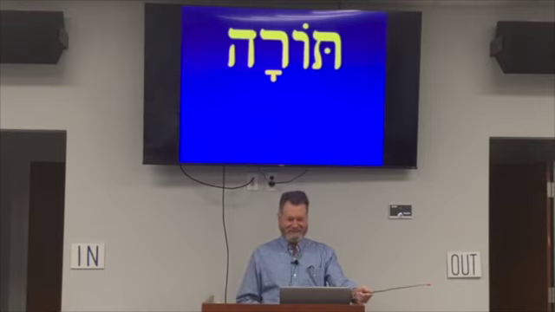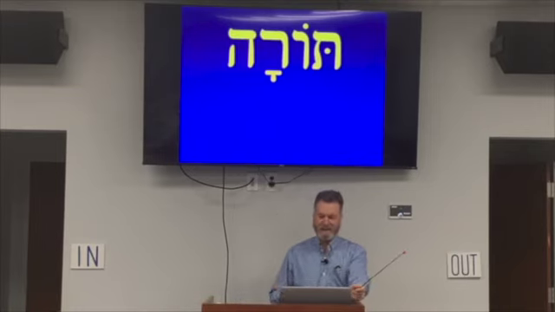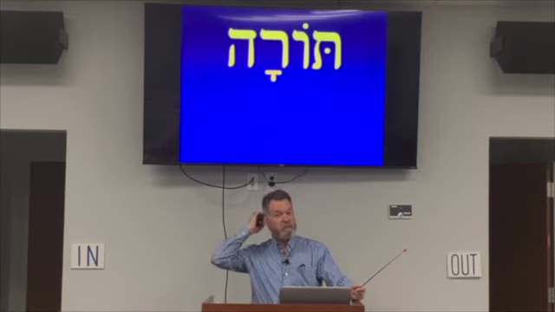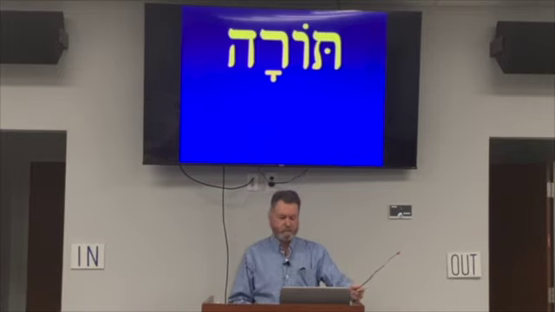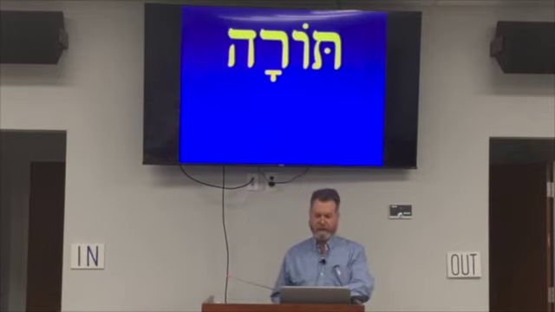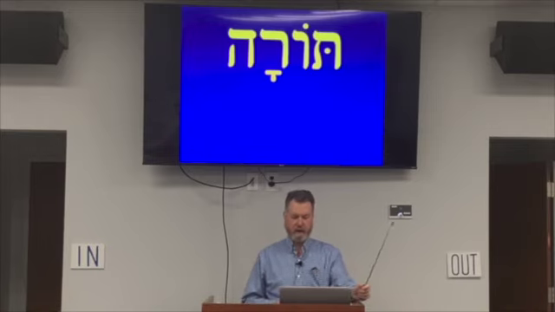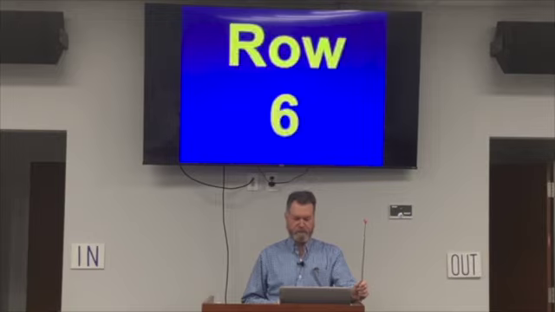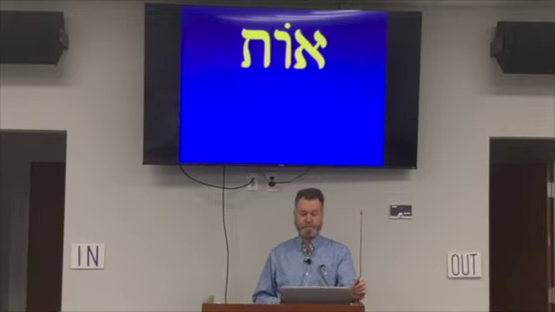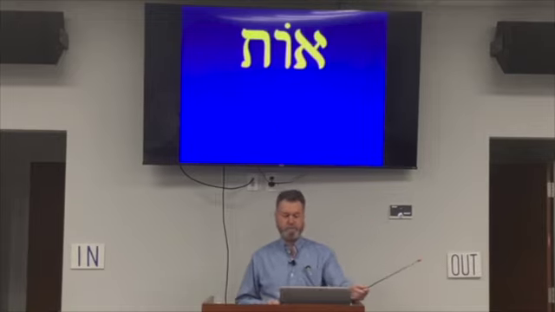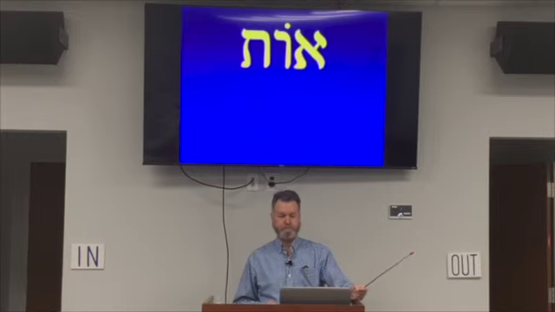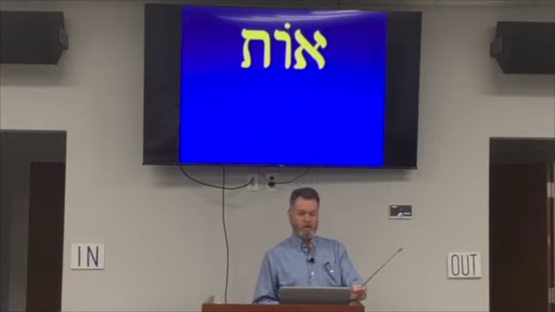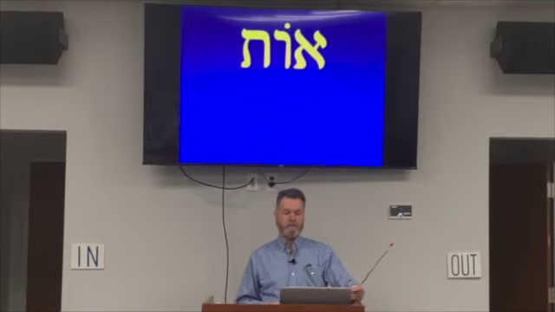Torah. That is how we spell the Hebrew word Torah. The Torah. The Torah cabinet. The first 5 books of the Bible. Torah. You'll probably see that a lot as we go through this. Row 6. Oat.